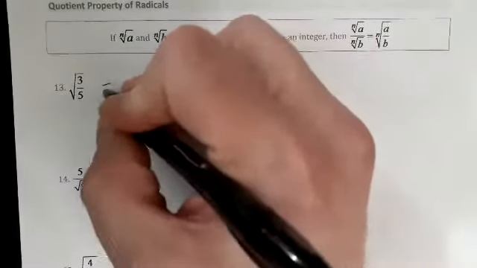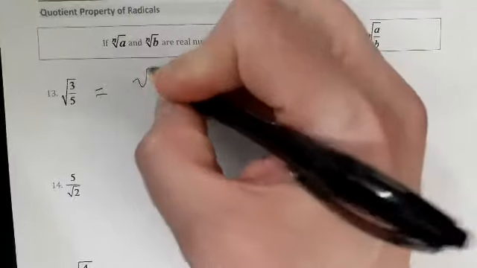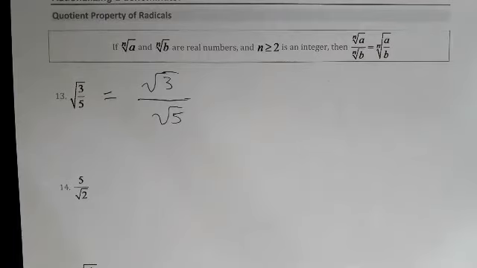In order to solve this sort of problem of having a radical of a fraction, we have to distribute that radical with the property I was just talking about. If we have radical 3/5, it's sort of like radical 3 over radical 5. Okay.